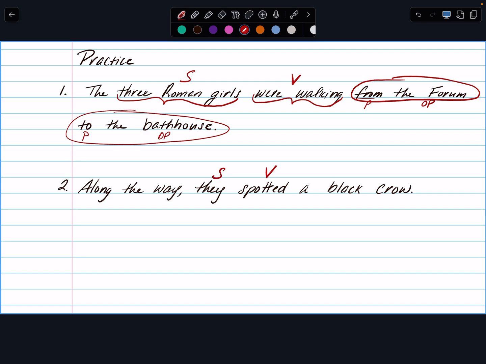They are doing the spotting, and what is being spotted? The direct object, in this sentence example? You've got two guesses. It's either along the way or the black crow. What's being spotted? The black crow, yes. Good.